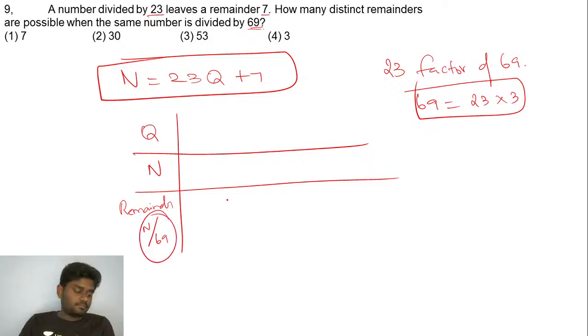So listen carefully. If it is for 0, you'll be getting the number to be 7. And if you try to find the remainder for 7 when it is divided by 69, you'll be getting the remainder to be 7.